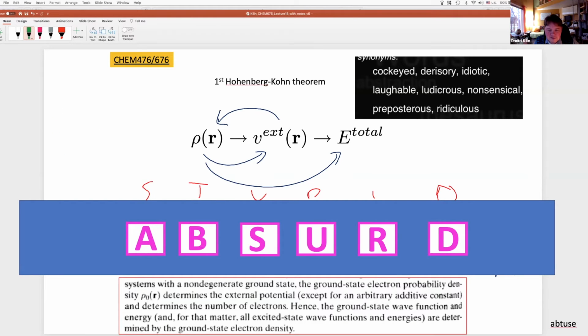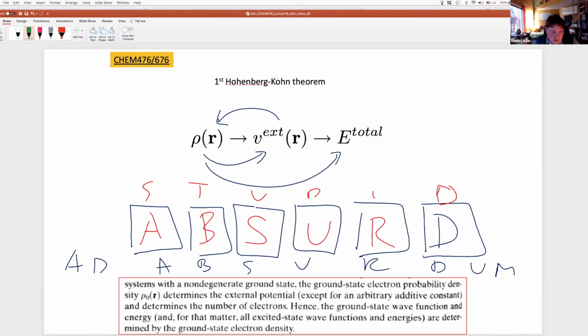Okay, so we will prove this first Kohn theorem by absurd, or in Latin ad absurdum, which is basically by contradiction.